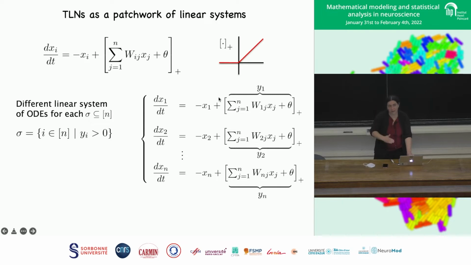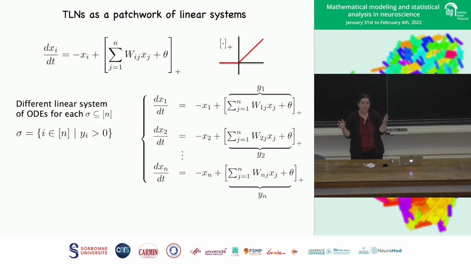You can think of your n equations as defining a hyperplane arrangement. The argument inside the nonlinearity, we refer to as y1 through yn, and setting yi equals 0 defines a hyperplane in my n-dimensional state space. So I have n hyperplanes, one for each equation.